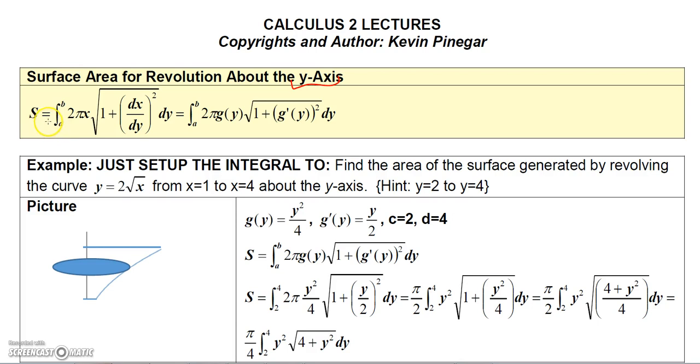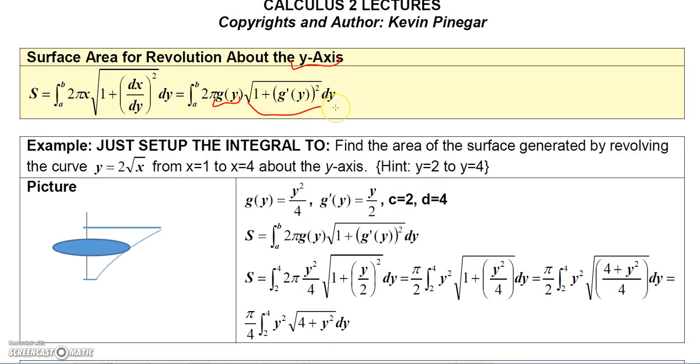You're going to integrate from y equals a to y equals b, 2 pi x, which is the same as 2 pi times your function of y, so you have to have a function of y, and then the square root of 1 plus the derivative of x with respect to y quantity squared, as opposed to dy over dx, it's dx over dy. Or in this formula, it would be the square root of 1 plus g prime of y quantity squared dy.